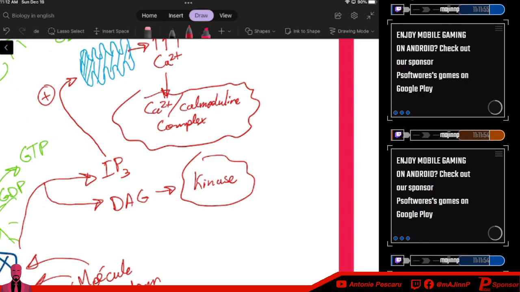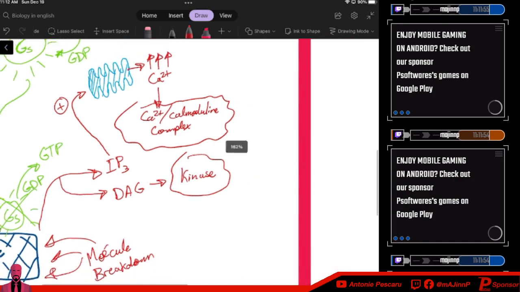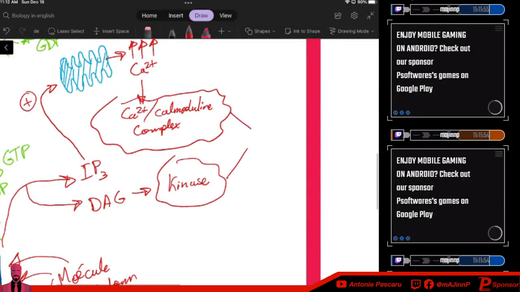What are these effects? Well, they're both going to stimulate or augment metabolic functions.